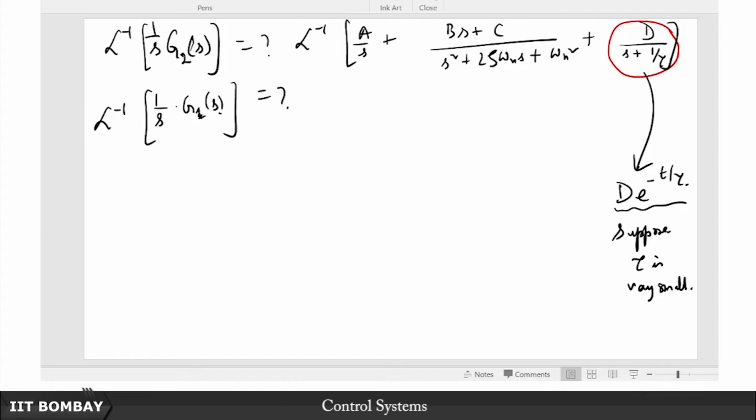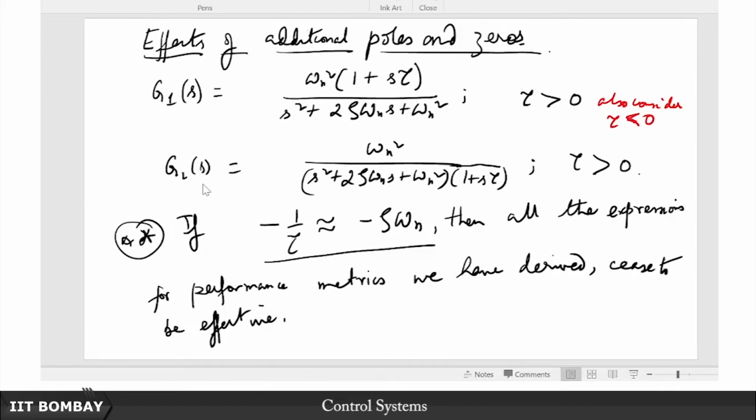You multiply both sides by s plus 1 by tau, or 1 plus s tau, whichever way it suits you. Then you evaluate the remaining terms at s equal to minus 1 by tau.